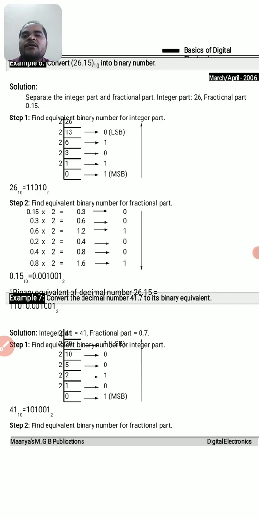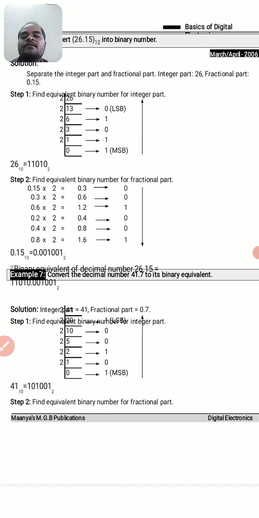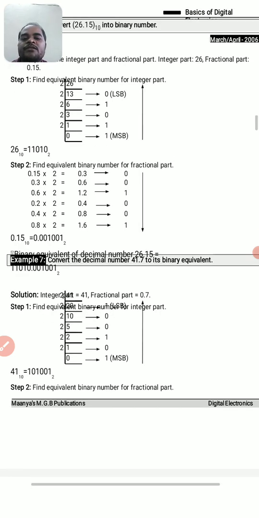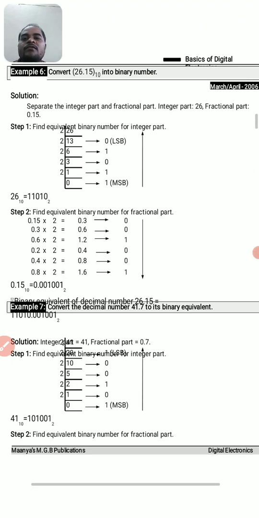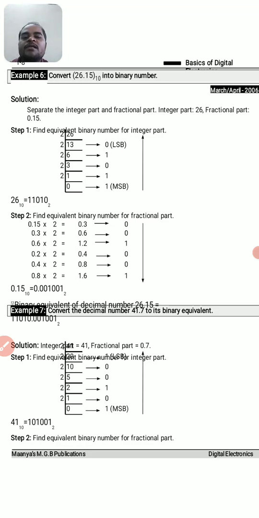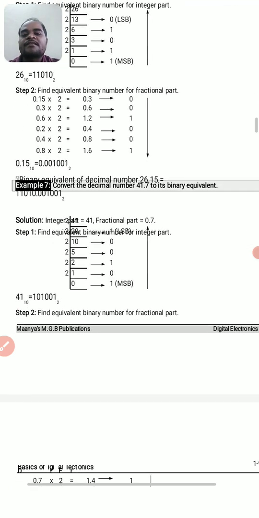Here the integer part is obtained separately and the fractional part is obtained separately. Since the given problem contains both, we have to combine the integer and fractional parts in the result. So the binary equivalent of 26.15 is 11010.001001 base 2. This is how to convert a decimal number that has both an integer part and a fractional part into binary.